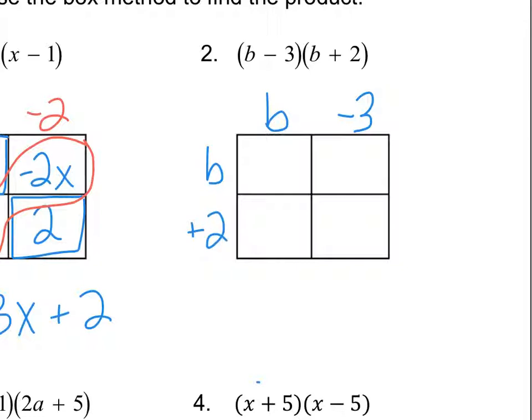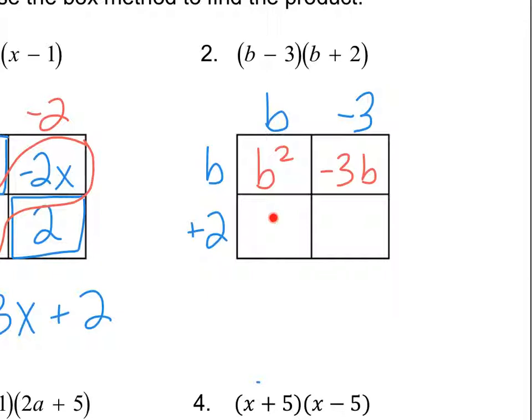All right, step 3 says multiply and fill in the boxes. So first box I want to do is right here, which is going to be b times b. So that's b to the second power. And I want to do this box here, so it's going to be b times negative 3, which will be negative 3b.